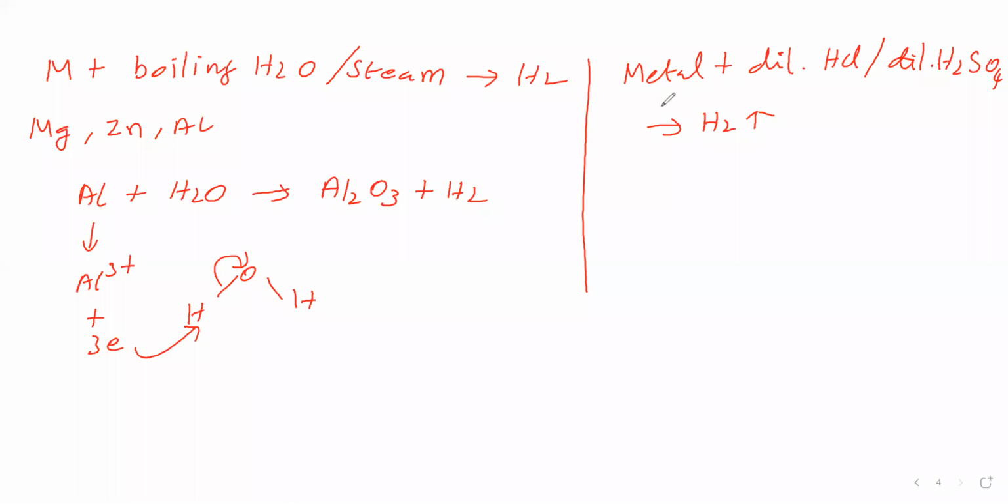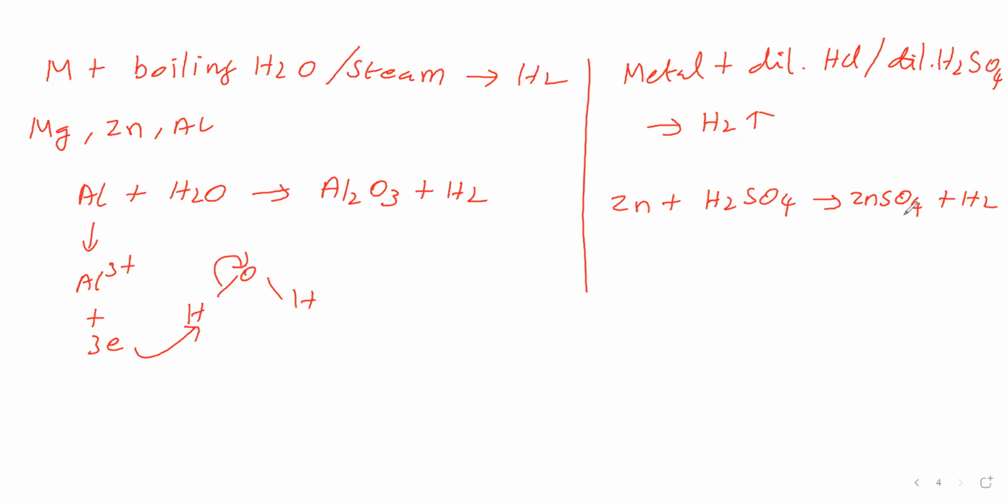For example, zinc with dilute sulfuric acid gives zinc sulfate and hydrogen gas. It is the laboratory preparation of hydrogen gas. So zinc metal reacts with dilute sulfuric acid to give zinc sulfate and hydrogen gas. It is the laboratory method.